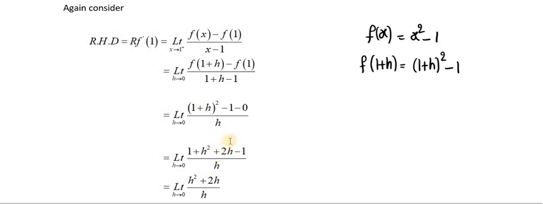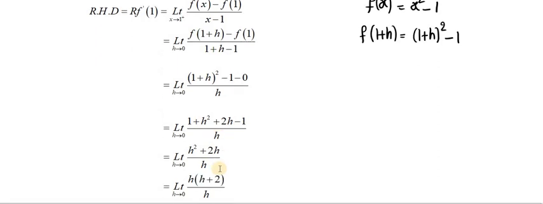So 2h minus 1 as it is. Denominator h also I am going to write as it is. Now plus 1 cancel with minus 1. The remaining terms in the numerator are h square plus 2h divided by h as it is.